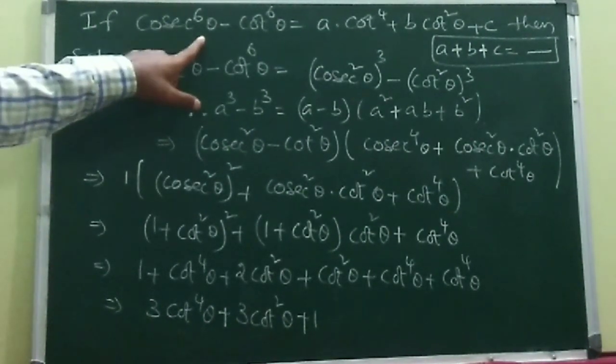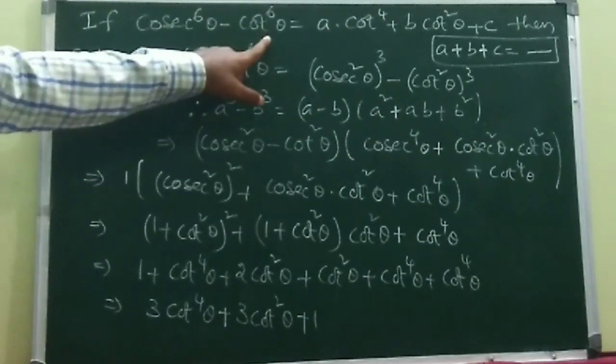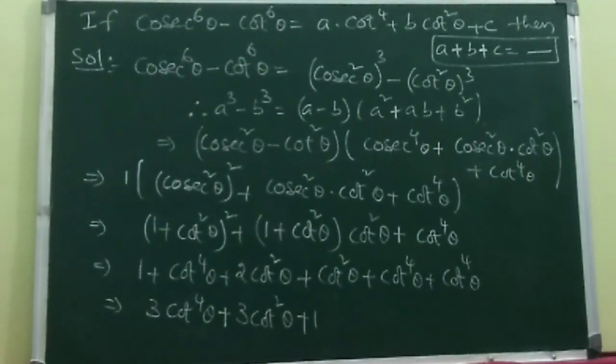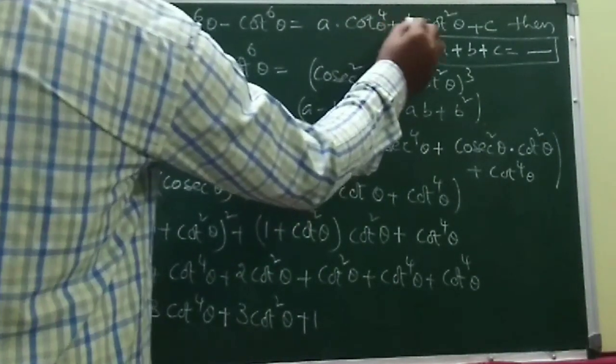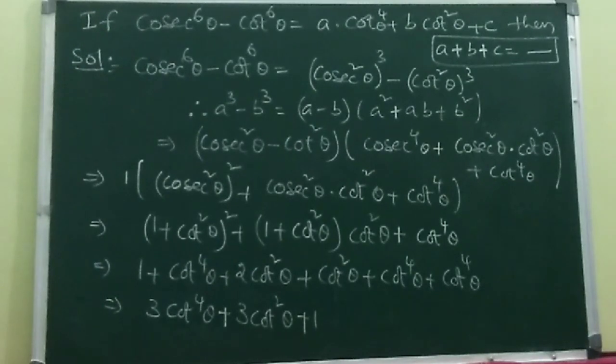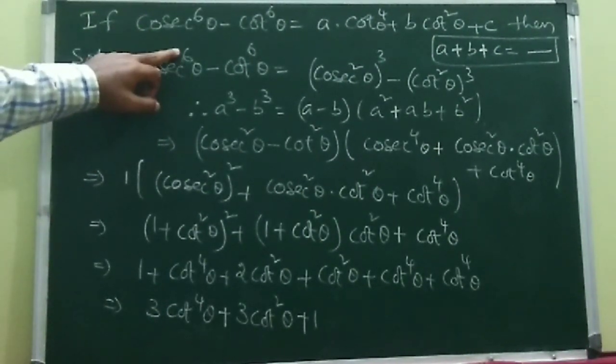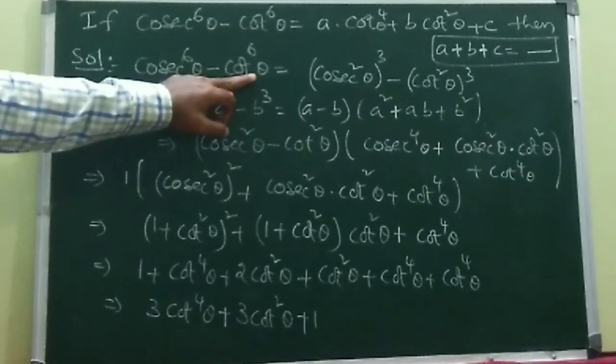If cosecant power 6 theta minus cot power 6 theta is equal to A into cot power 4 theta plus B into cot square theta plus C, then find the value of A plus B plus C. So consider what is given first of all, cosecant power 6 theta minus cot power 6 theta.